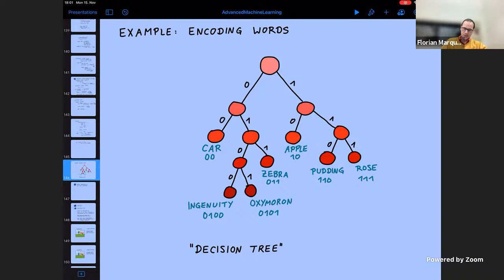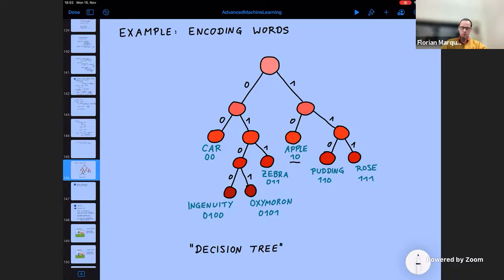And that can be seen here in the word apple, which is relatively frequent. We say that it should have, say, only a code that uses up 2 bits. And the way you would read off such a code in the tree that I've drawn here would be very simple.